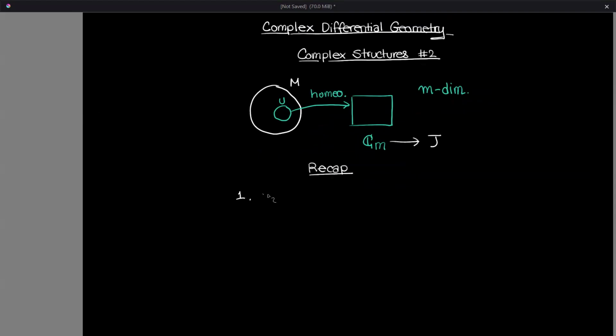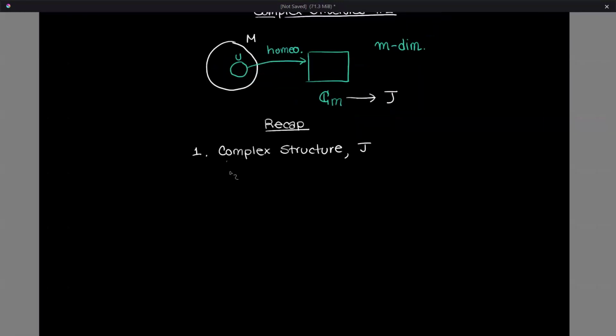First of all, we talked about the complex structure J. We said that J squared is the same thing as the negative of the identity map of a vector space V to itself. So this is a real vector space.